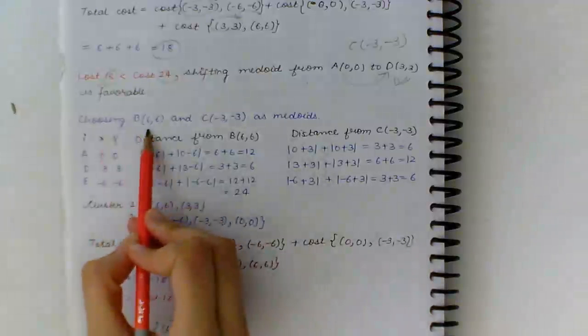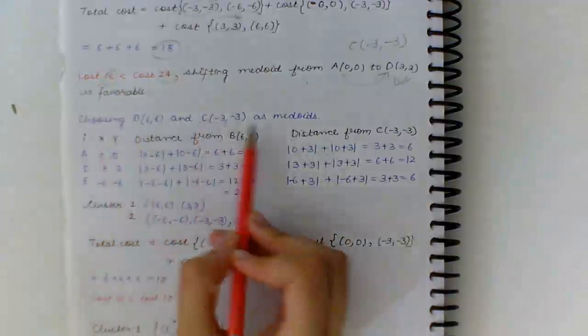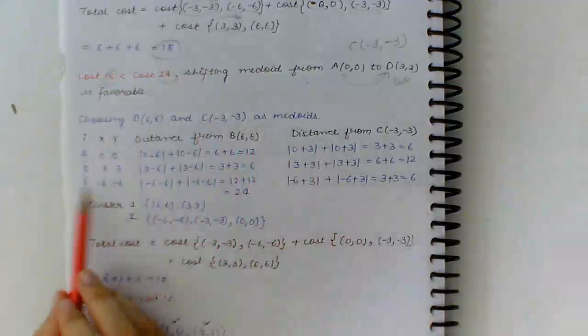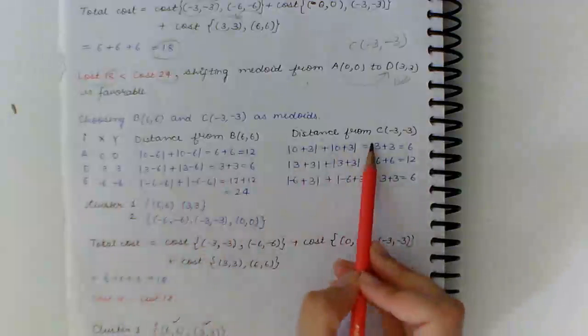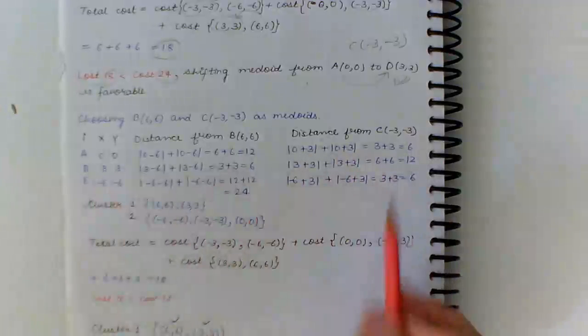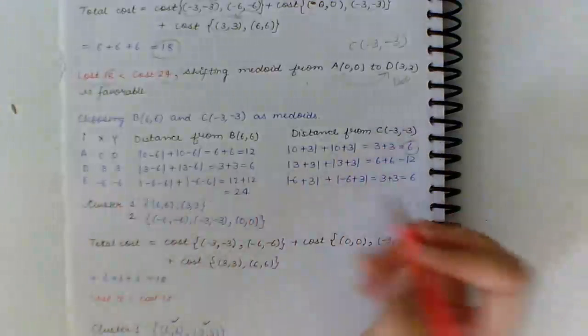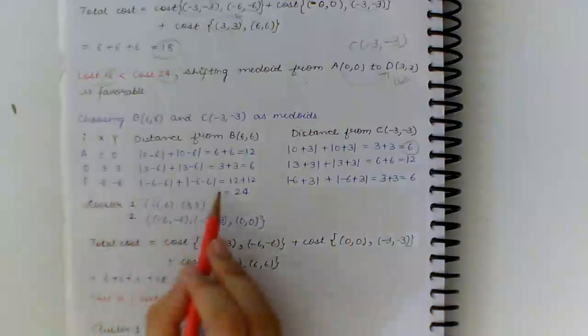Now let's try one more pair, choosing B (6, 6) and C (-3, -3) as our medoids. We calculate the same for A, D, E, the distance from B and the distance from C, and we pick the smaller value.